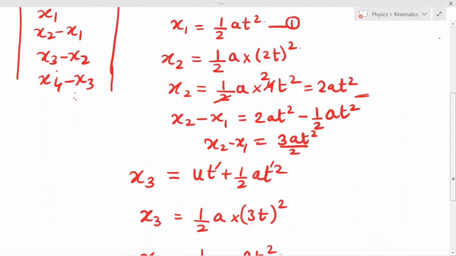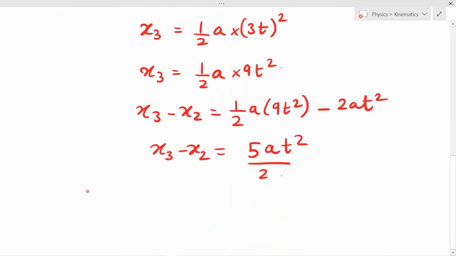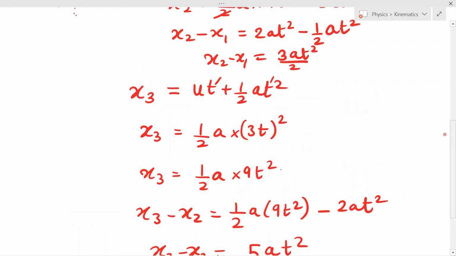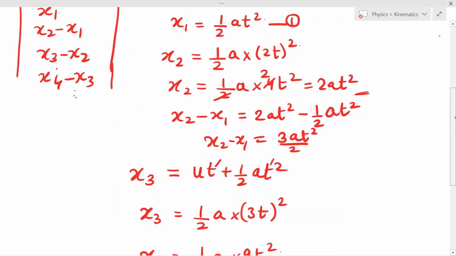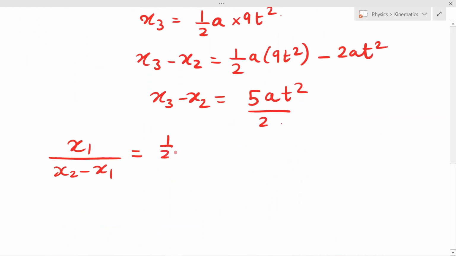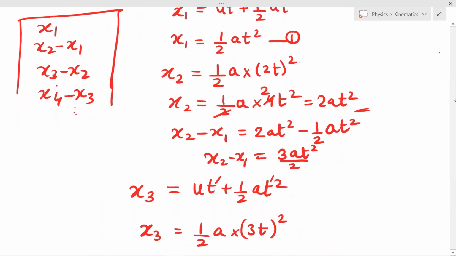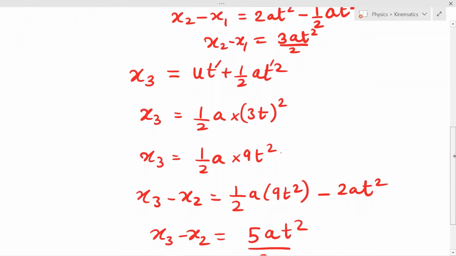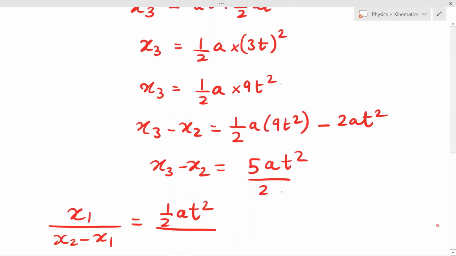So what will be the ratio? x1 divided by x2 minus x1. x1 is half a t square divided by x2 minus x1, that is 3 by 2 a t square. So these two get cancelled, this a t square will get cancelled, so this is 1 by 3.